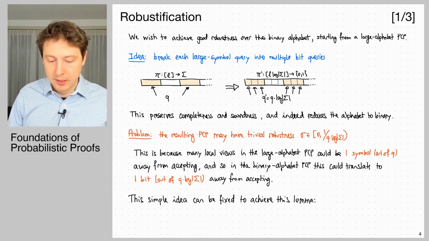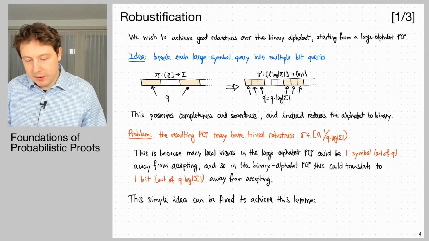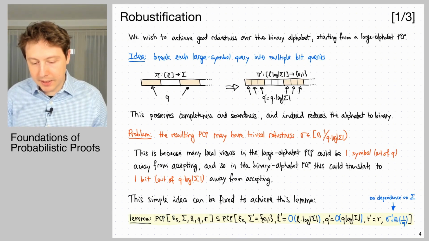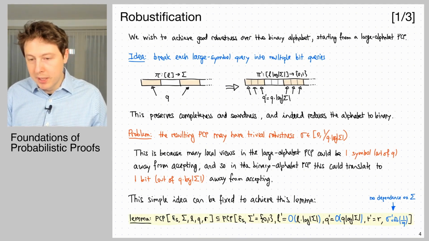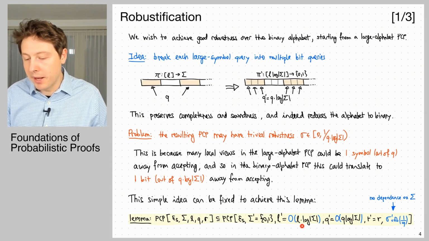All right. But as simple as this idea is, we can actually fix it. We'll see in the next slide. Essentially, we can achieve all of the parameters that we have here. We're just going to pay a universal constant in the proof length and the query complexity, because here the constant was 1, and here it's going to be, I don't know, 10 or something.